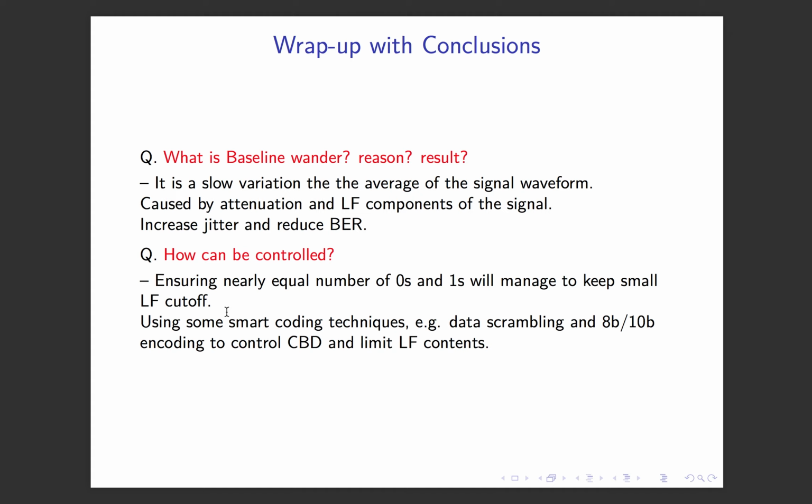Obviously, in a real system it will never be possible that every string is made of alternating 0s and 1s. So we need some better encoding schemes so that we can deal with error handling, such as data scrambling and encoding, to control the CVD and the LF contents.